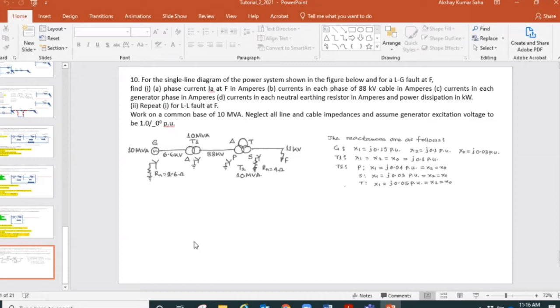Although we have ensured that we connected R to R, Y to Y, B to B, and that the voltage is the same, like 400 volts between the lines of a delta and 400 volts between the lines of the star of another transformer, again there should be no phase difference. This is a sine wave. If you shift one of the voltages by some angle, there will be a magnitude difference.